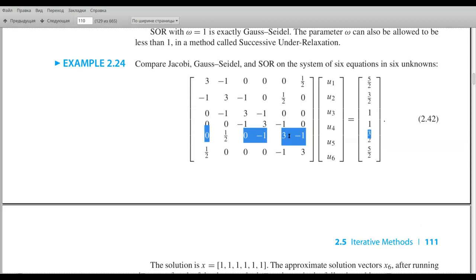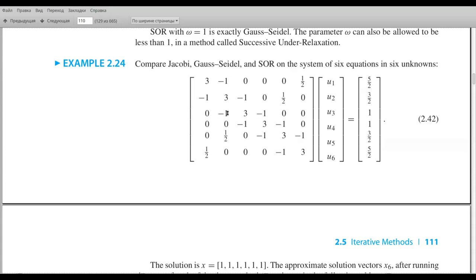How to check if it's diagonally dominant? The absolute value of the diagonal element has to be strictly more than the sum of absolute values of all other elements. So have a look: 1, absolute value is 1, plus 1, 2, plus 1/2, so 2.5. 3 is strictly more than 2.5.